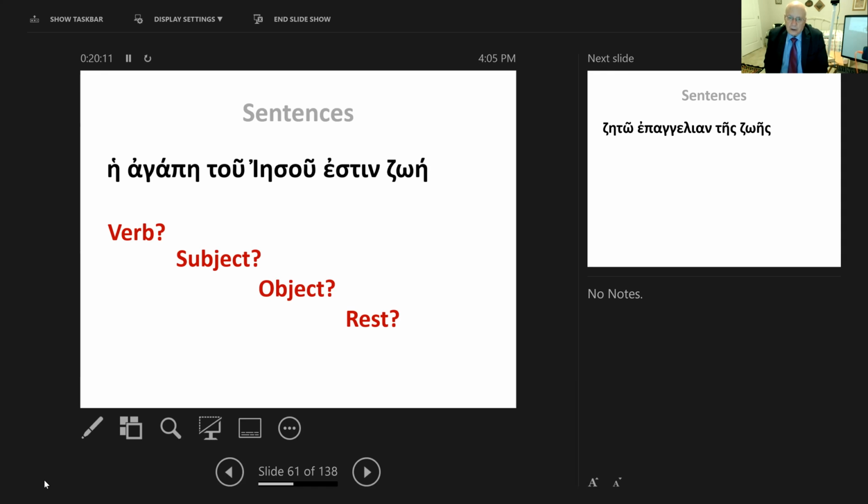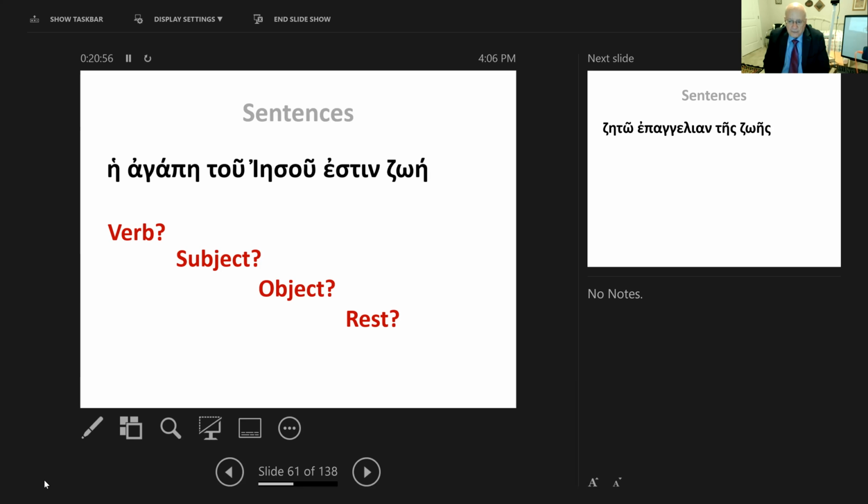But if I do it in this order, the translation of sentences is not so difficult because I find the verb, estin, is. I find the subject, hē agapē. Third person singular, estin, goes with the nominative case of agapē, love. Love is. Now, I have more. I have tou Iēsou, which would mean of Jesus. So hē agapē tou Iēsou simply means the love of Jesus is.